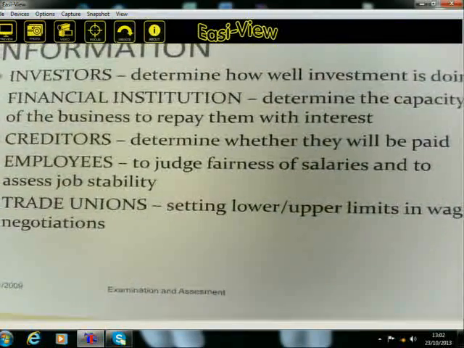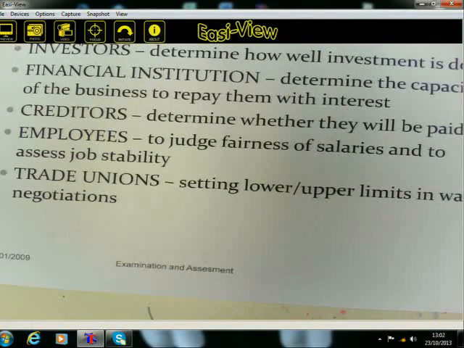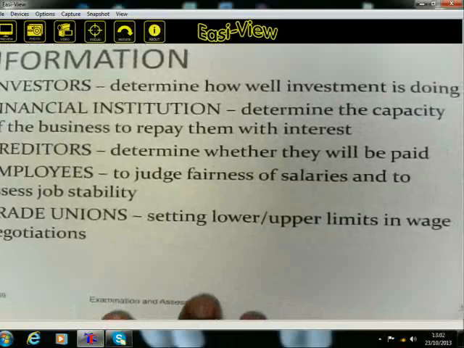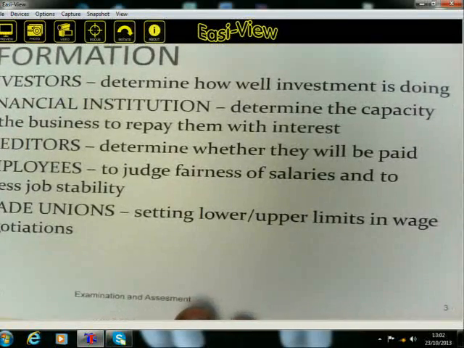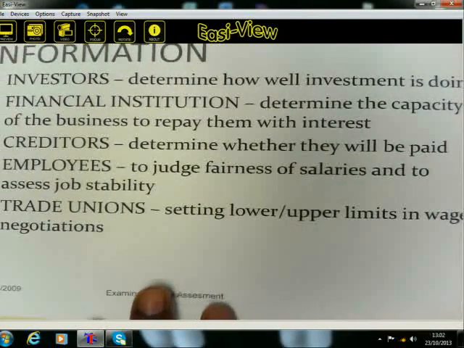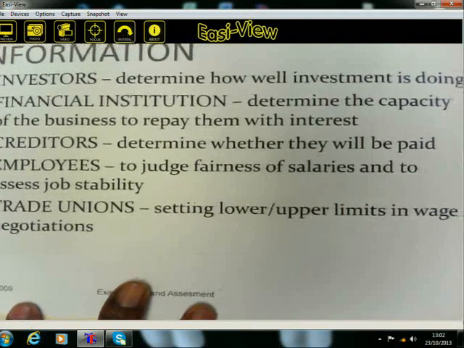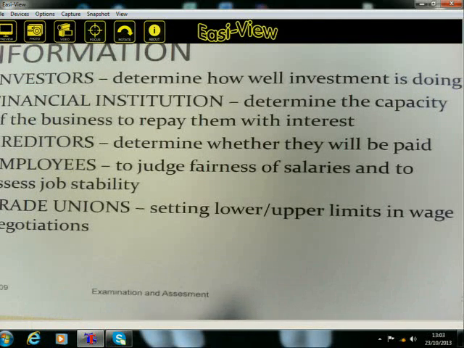Those that need the financial information are the investors, to determine how well the investment is doing; the financial institution, to determine the capacity of the business to repay them with interest; the creditors, to determine whether they will be paid; the employees, to judge fairness of salaries and to assess job stability; and trade unions, to set lower or upper limits in the wage negotiations.